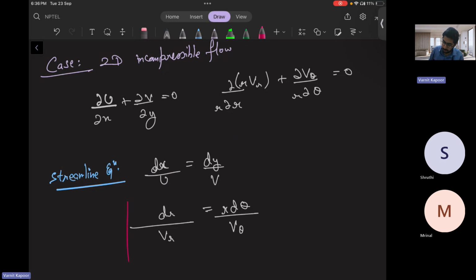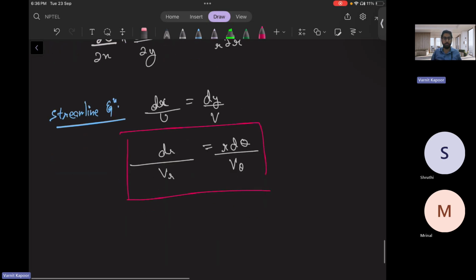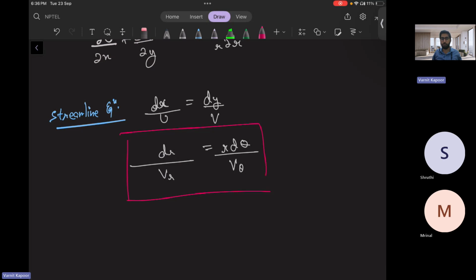This is your streamline equation as well. Okay, clear? Any doubts? No doubts? Okay.